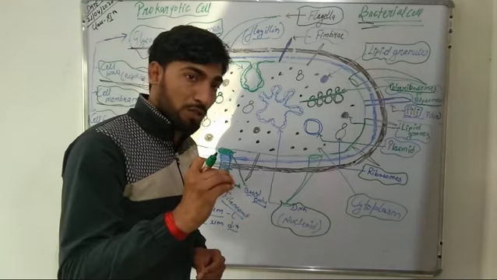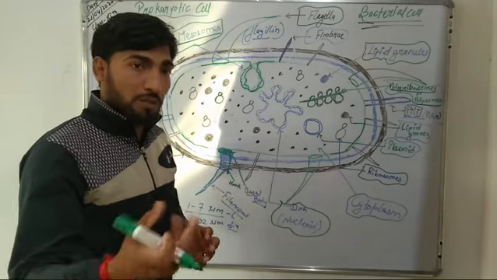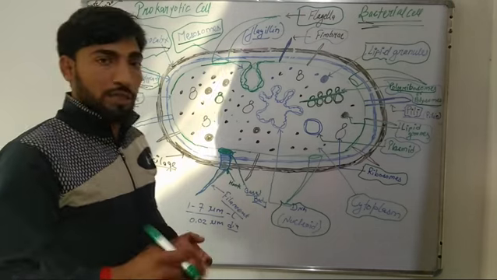The main function of polysomes is the synthesis of several proteins. And the main function of any ribosome is to synthesize proteins in any cell.